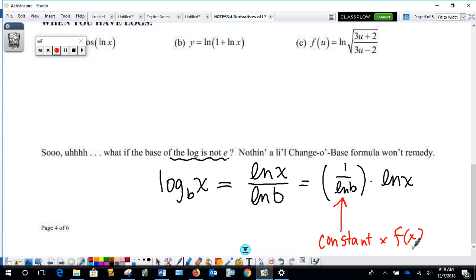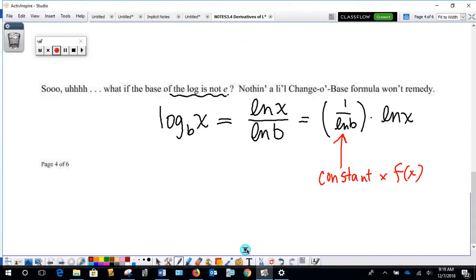If I take the derivative of a constant times a function, it's the... Do we not remember that rule? The derivative of k f of x with respect to x equals k f prime of x.